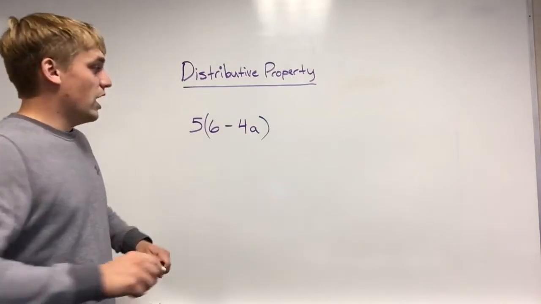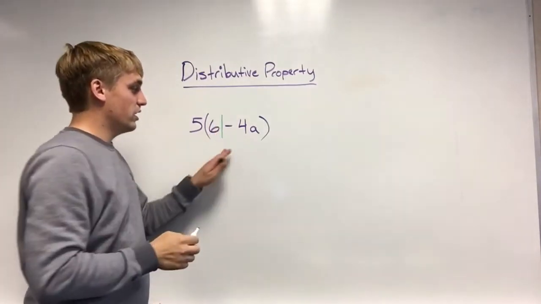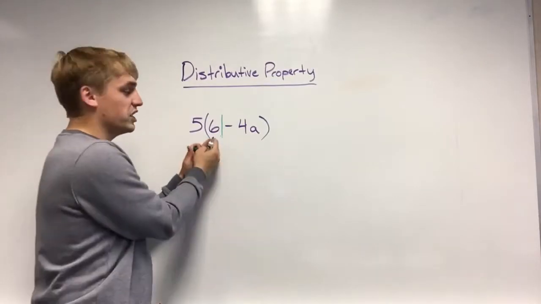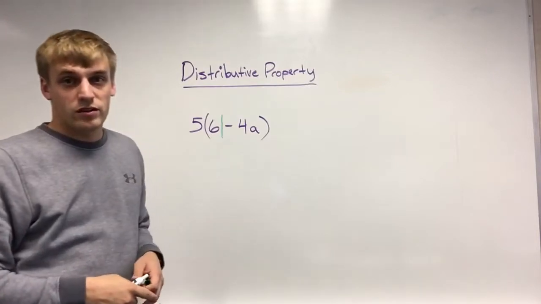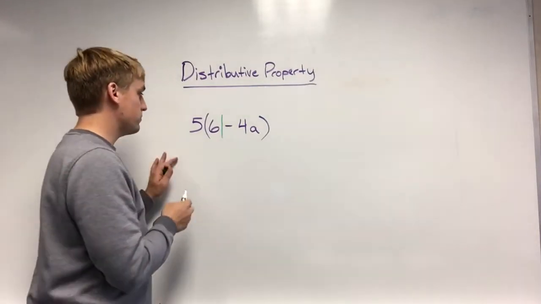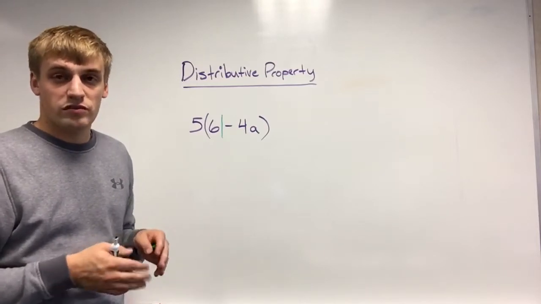I'm just going to draw a line in between the terms in the parentheses. So 6 is a term and negative 4a is a term, or minus 4a. Minus and negative are the exact same thing. There's no difference between those two.